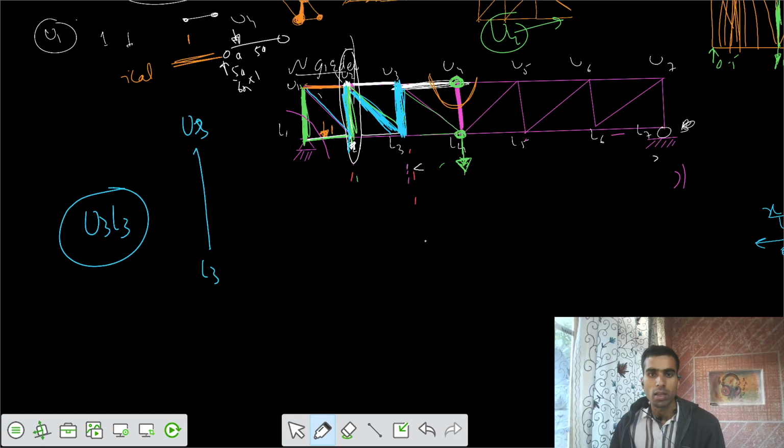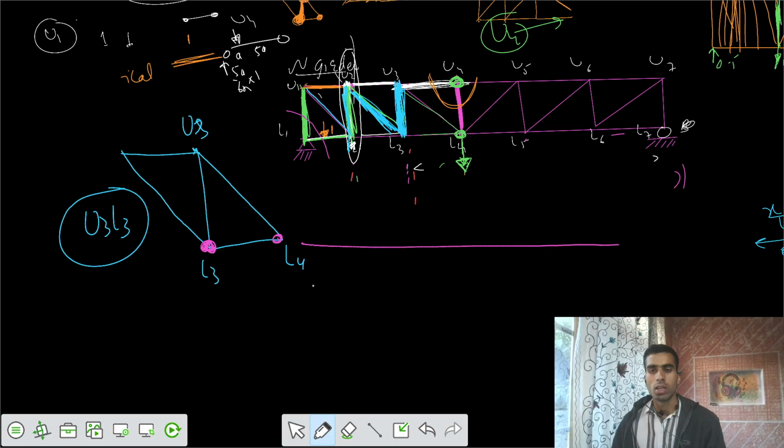One of the triangles is this one, and one more triangle is this one. Then we say the loading is through type. The joints associated with that loading are L3, L4. So the critical locations for that ILD are at L3 and L4.